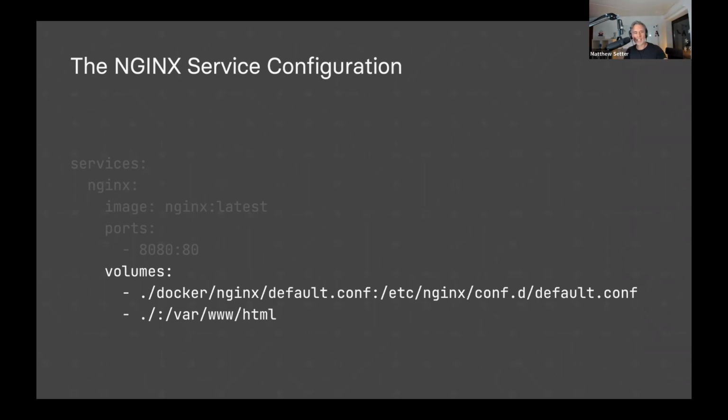After that, in the second volume option, the current directory on the host machine will be mounted inside the container at /var/www/html, which has the effect of letting us develop locally on a host machine, yet have the code be accessible to that container.